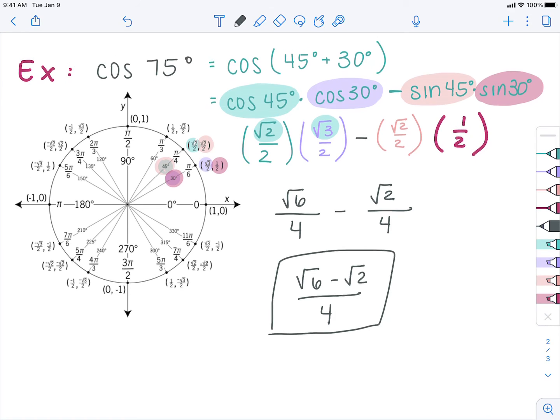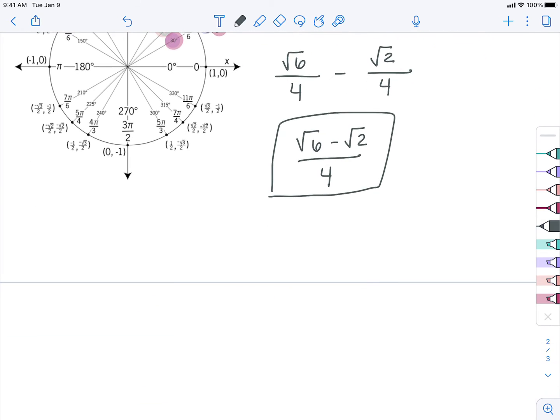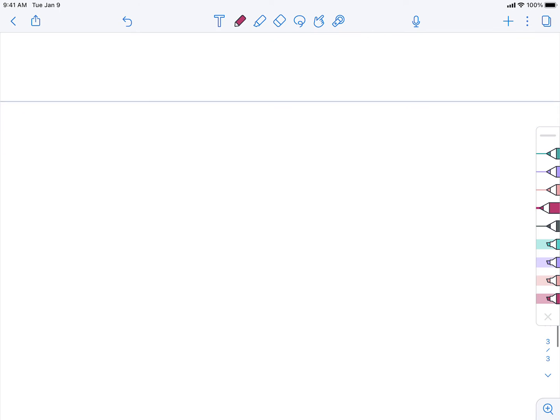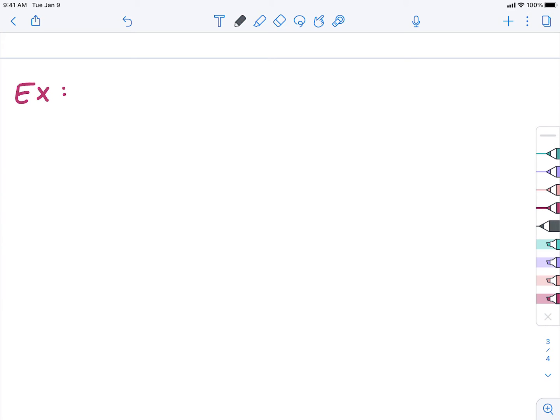So let's try another one. Let's evaluate the sine of pi over 12. So now, pi over 12, we don't know. It's not on our unit circle.